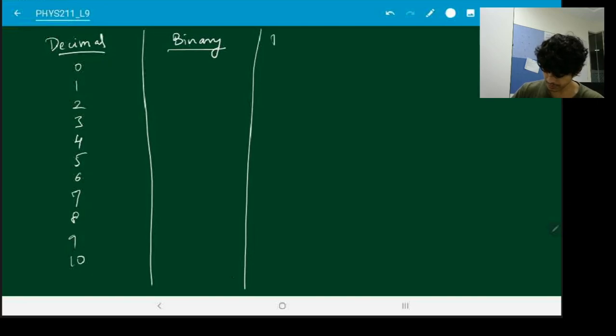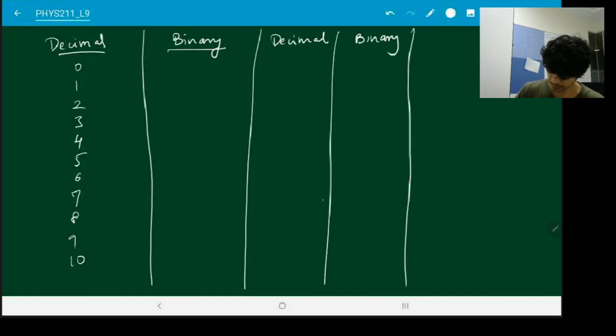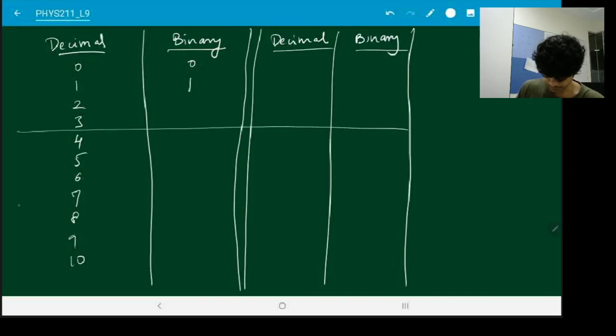Let's go up to 20. So 0 is just 0, 1 is 1, just to make it easier for you to see. 2 is 10, 3 is 11, then 100, 101, 110, 111.